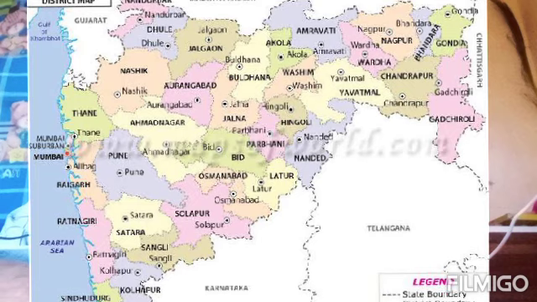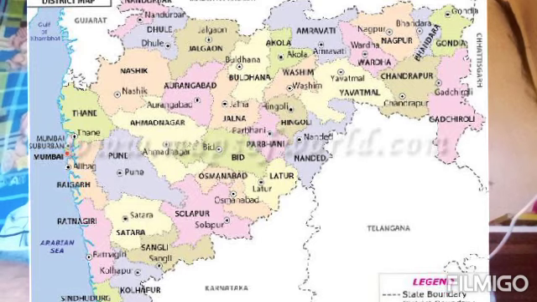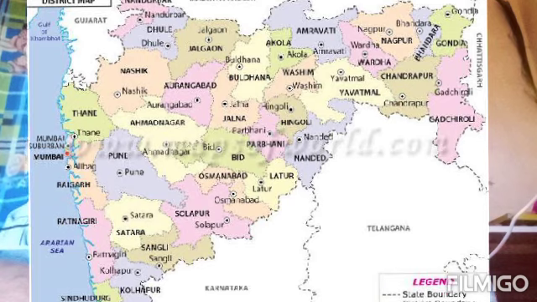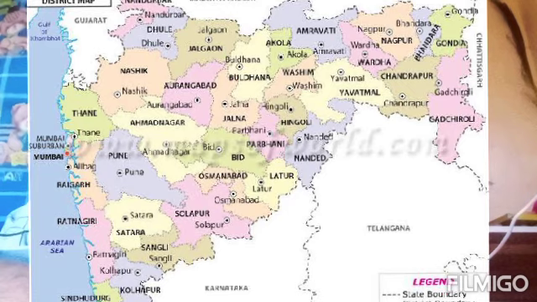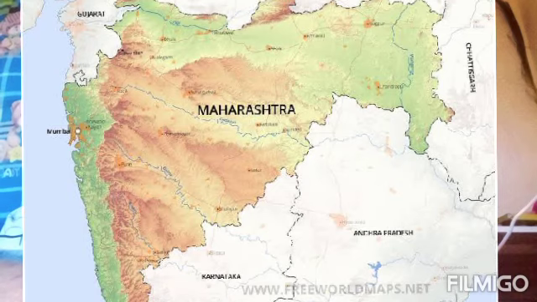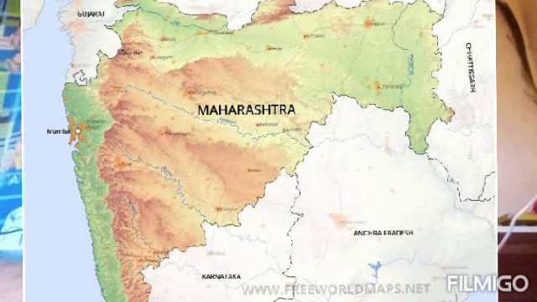In the same way, there is a political map of Maharashtra. Same thing: the capital, district headquarters, boundaries of the districts, etc. Then the physiographical map. In this map again you can see the green color, brown color, blue color. What does it indicate? You can understand.